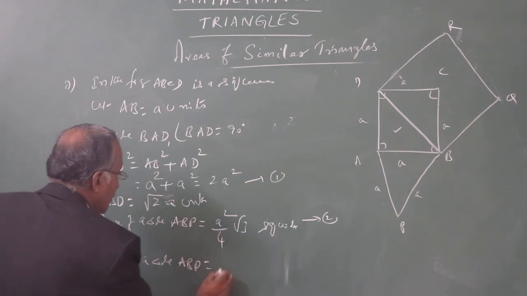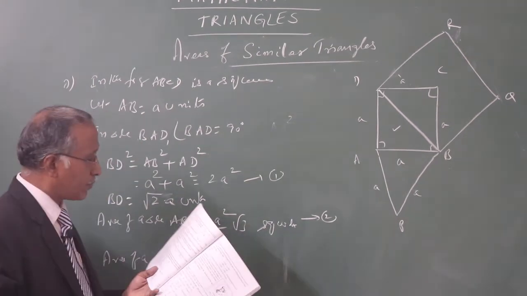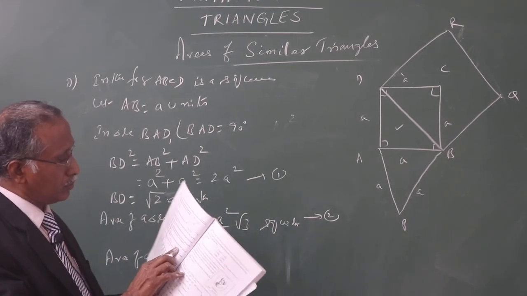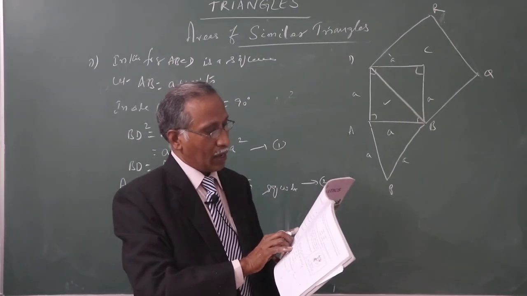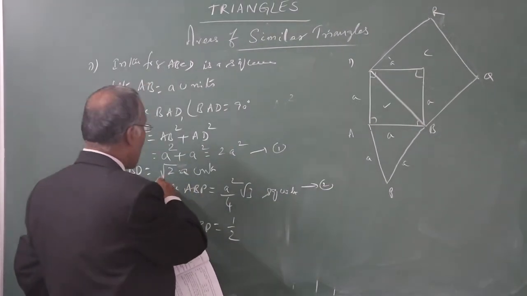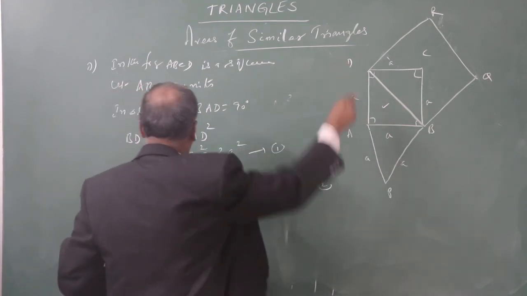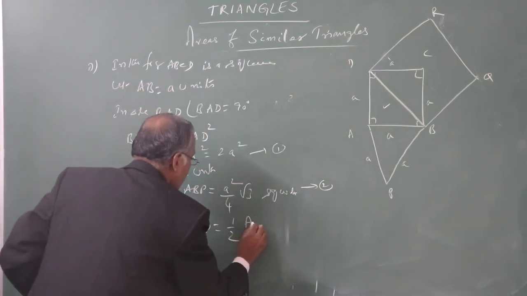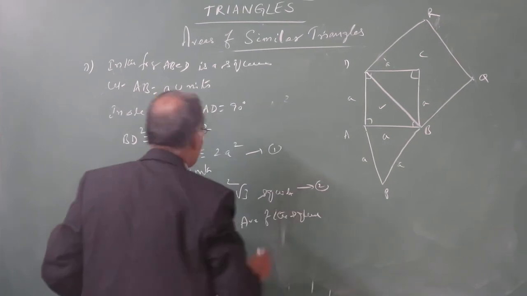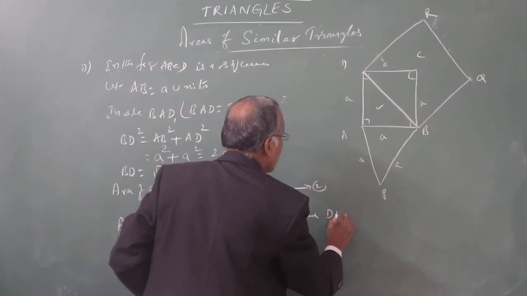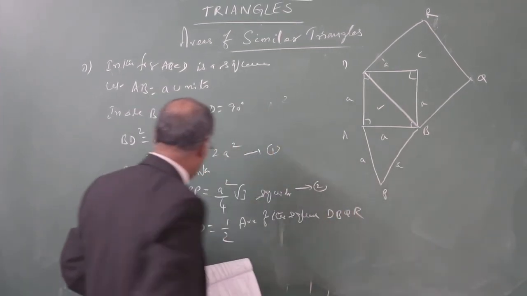So area of the triangle ABP equals half into the area of the square on the diagonal BD, half into the area of the square DBQR. You can substitute the values.